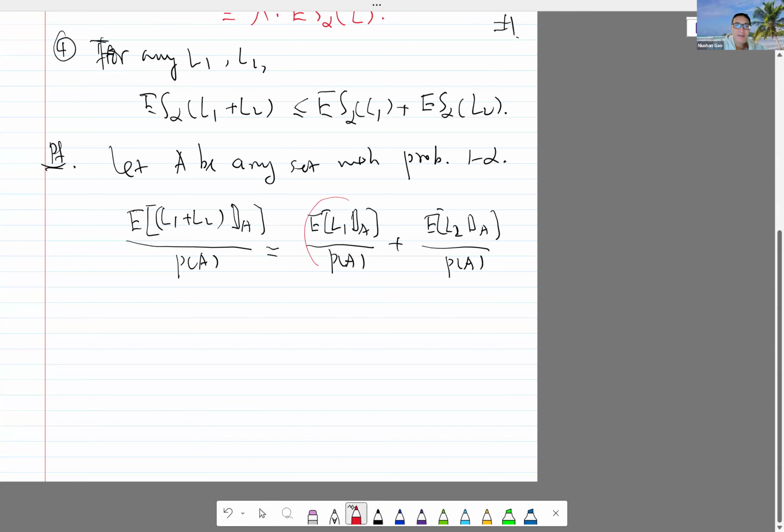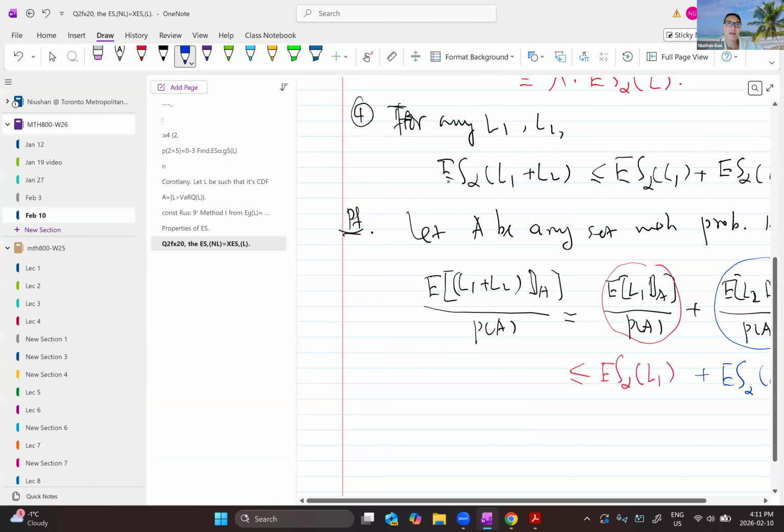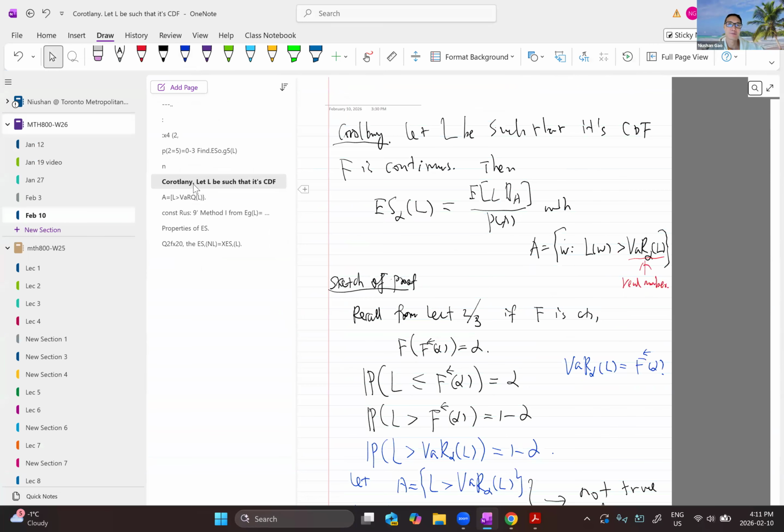And because A has probability 1 minus alpha, this is less than or equal to, by theorem, the expected shortfall of L1. And this is less than or equal to the expected shortfall of L2. Right? Let's recall what theorem I'm referring to. This one.